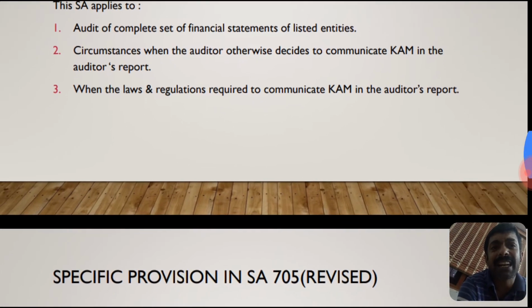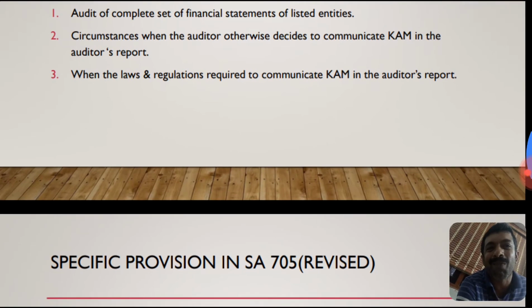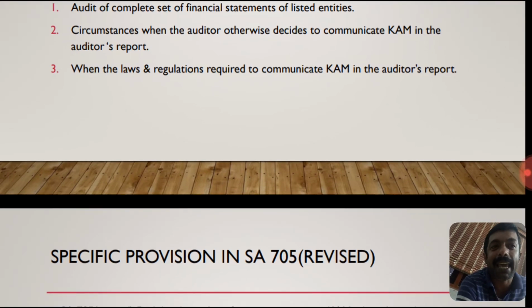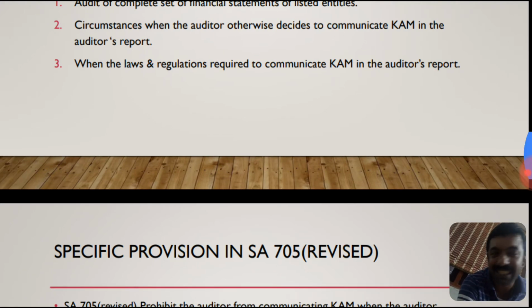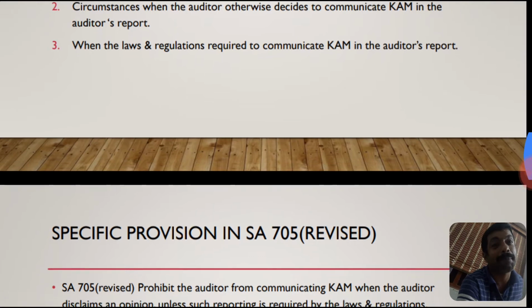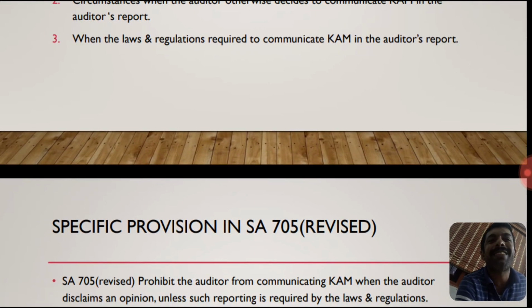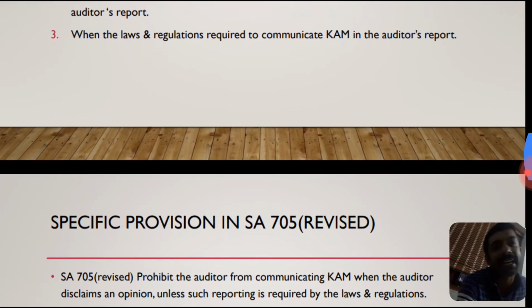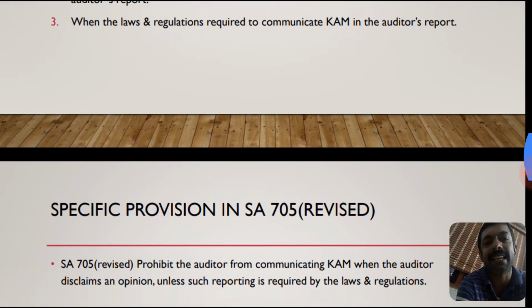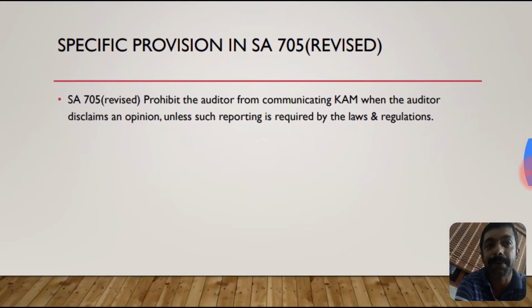There are also circumstances when the auditor otherwise decides to communicate key audit matters in the auditor's report, some compelling circumstances which lead to the disclosure of key audit matters, or laws and regulations that require communicating the key audit matters in the auditor's report.